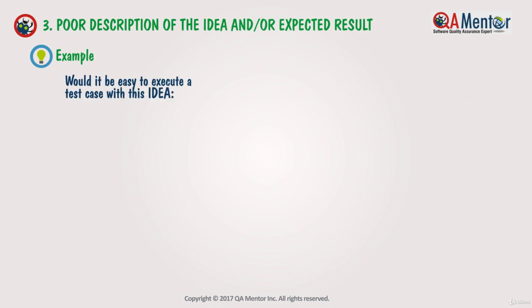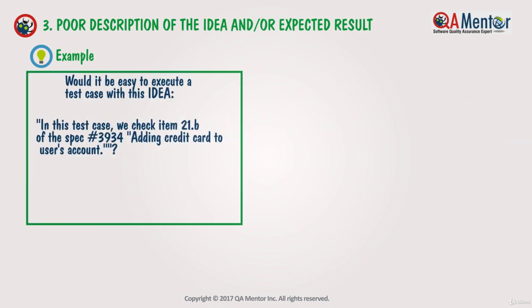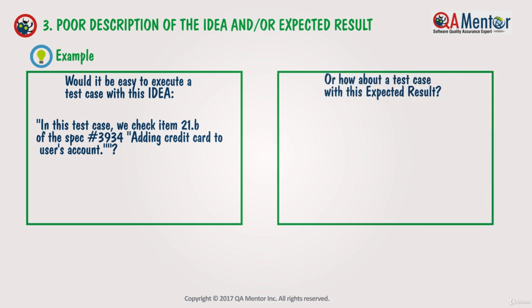Example: would it be easy to execute a test case with this idea? In this test case, we check item 21B of the spec 3934, adding credit card to user's account. Or how about a test case with this expected result?